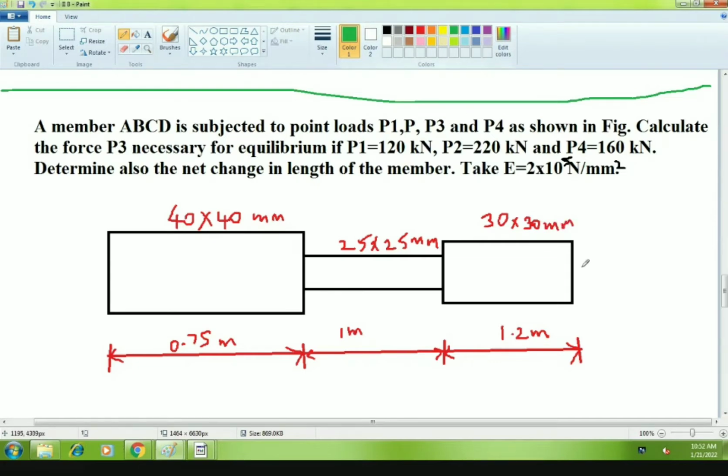Here we are applying the load P4, this one is P3, P2, and this one is P1.